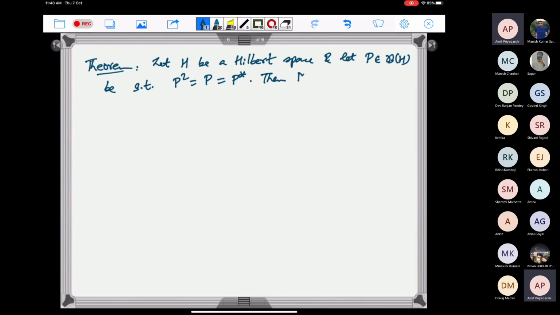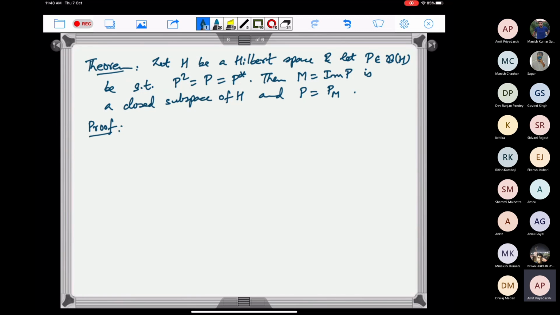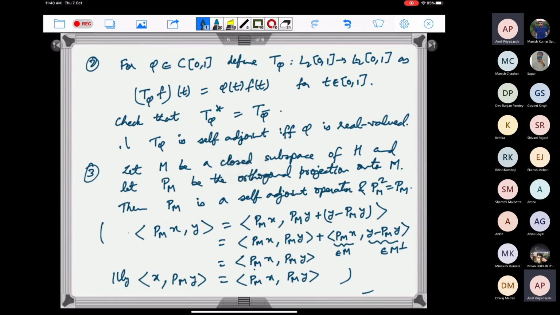So then if we take M is equal to the image of P, this is a closed subspace of H and P is nothing but PM. P is the orthogonal projection onto this M. So the previous example says that if we have any orthogonal projection, then it is self-adjoint and idempotent.